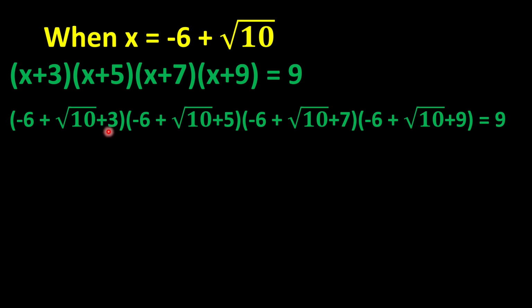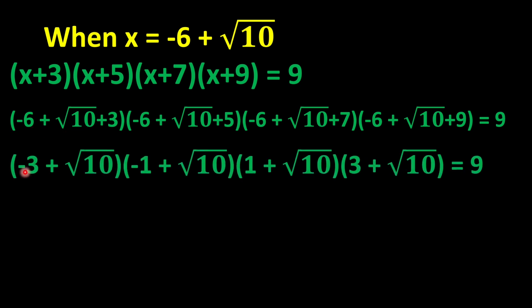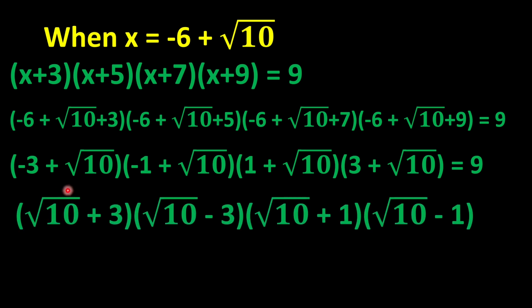Plus 3 and minus 6 overall become minus 3, so we write minus 3 plus under root 10. Plus 5 minus 6 becomes minus 1 plus under root 10. Plus 7 and minus 6 becomes 1 plus under root 10, and plus 9 minus 6 becomes plus 3 plus under root 10, which is equal to 9. Now we will rearrange these values.